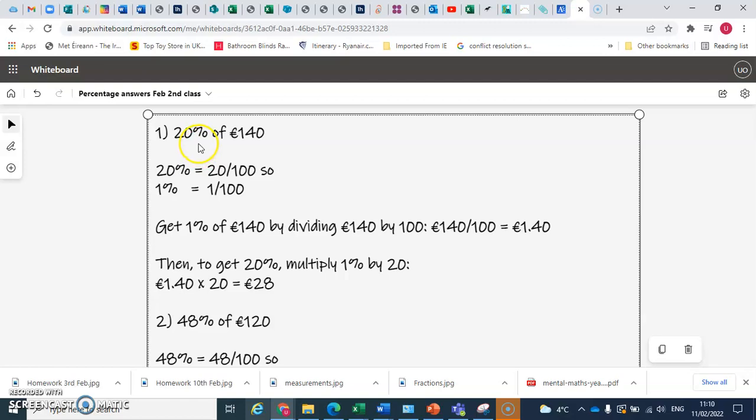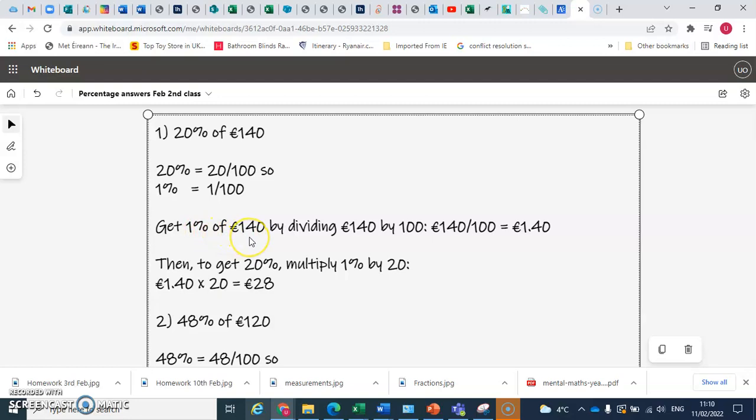And the first one you see there is 20% of 140. So like we said, 20% always means out of 100, so that means 20 out of 100. And you can always find 1% of something, which is 1 out of 100, by dividing the total by 100.